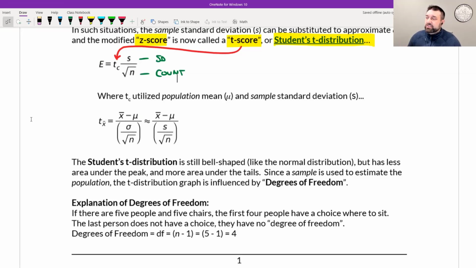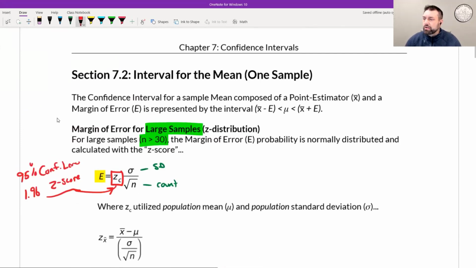Now, remember way back up here when we talked about the z-score: what determines the value of the z-score? Well, it was the confidence level. If you had a 95% confidence level, your z-score was 1.96. So it's the confidence level that determines the z-score.